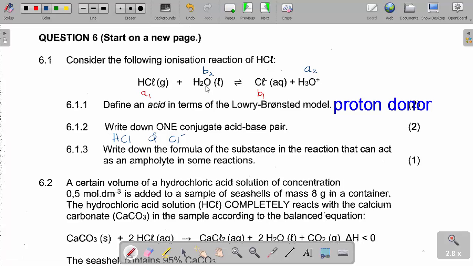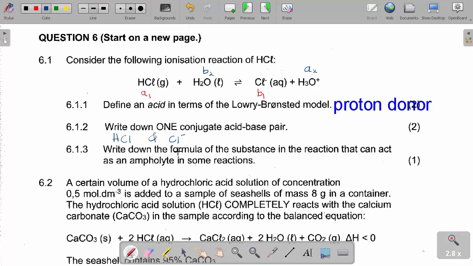I can also say water and hydronium, and they're both correct because they wanted a conjugate acid-base pair. But note something: if the teacher only asks for the bases in this equation, look for B1 and B2. Did you hear that? If the teacher only asks for the acids, look for A1 and A2. Hope we are together. We discussed this in detail in our previous video about conjugate acid-base pairs.